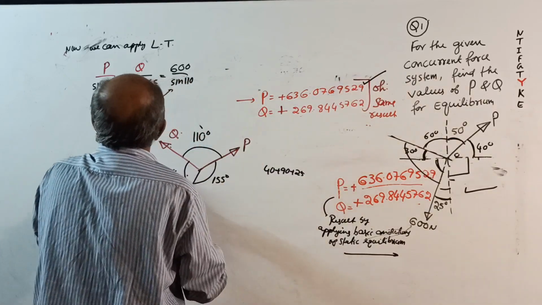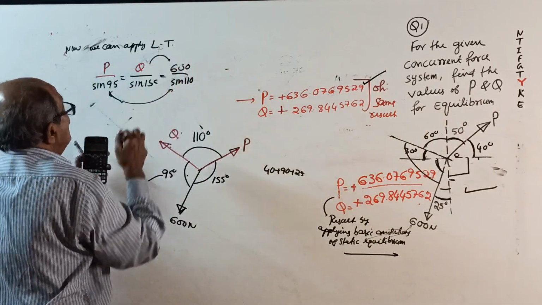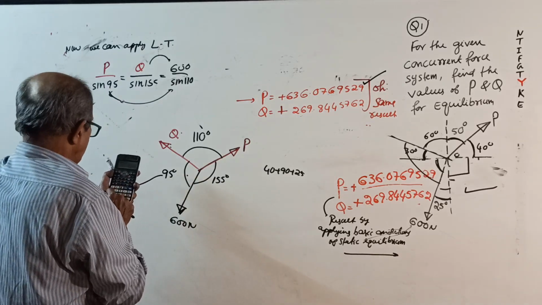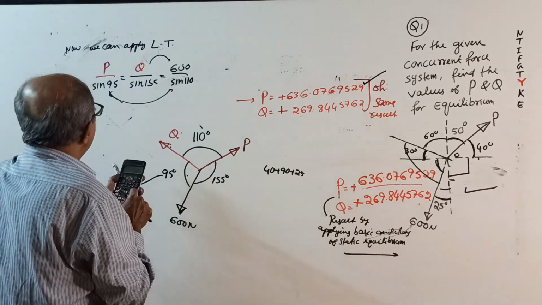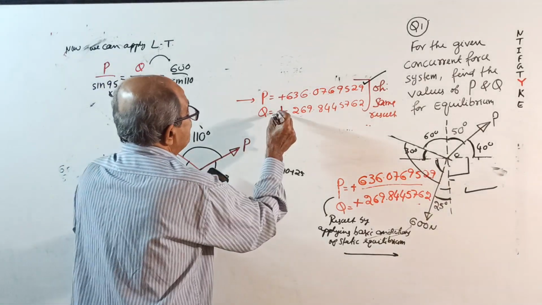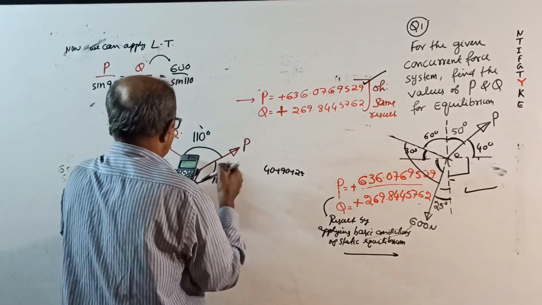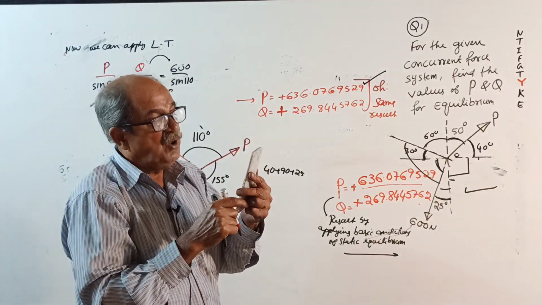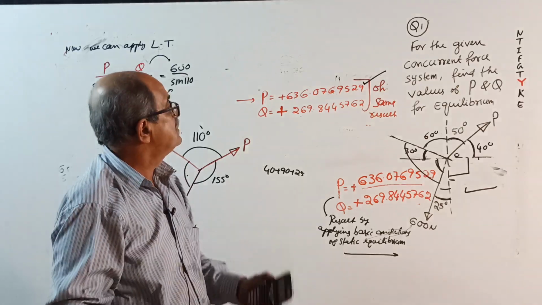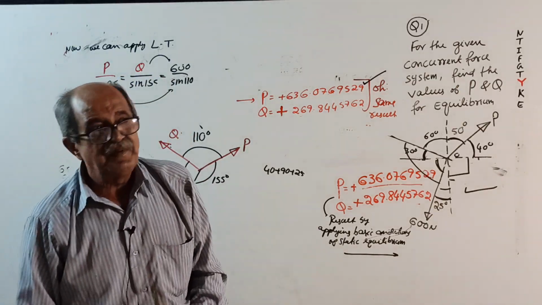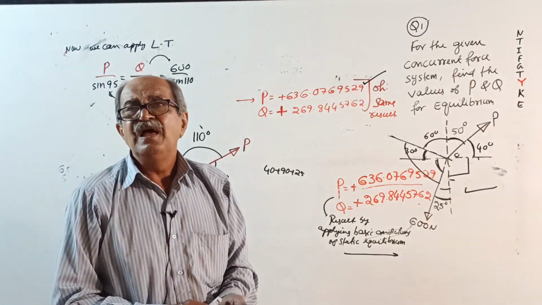And Q equal to 600 divided by sin 110 into sin 155, which is 269.84455762. Okay, now correct.